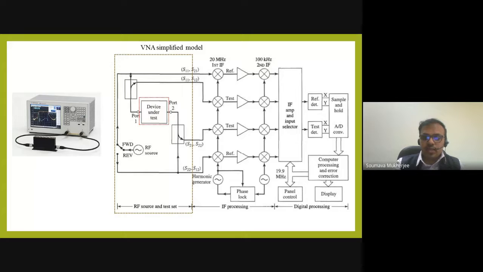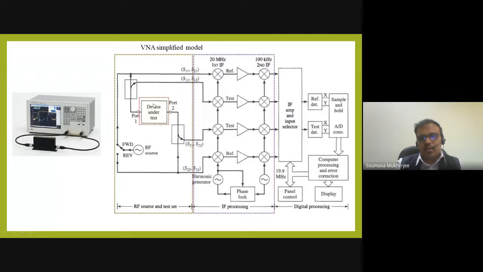How? First, with the help of the mixer, the microwave signal is brought down to the kilohertz range. After that, it is converted by an A to D converter, and once it is converted into digital signal, we can do the computer processing and calculate the result.